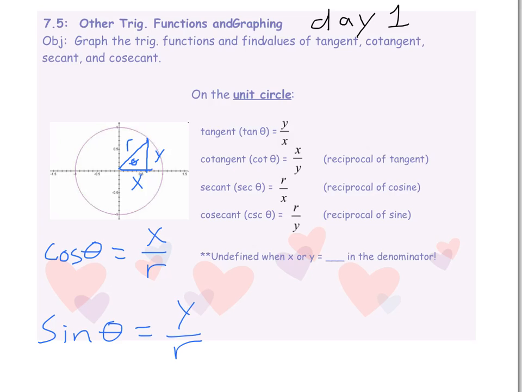Well, tangent is y over x. Cotangent is that reciprocal, x over y. Notice here, secant is the reciprocal of cosine, and cosecant is the reciprocal of sine. Those ratios are just flipped.